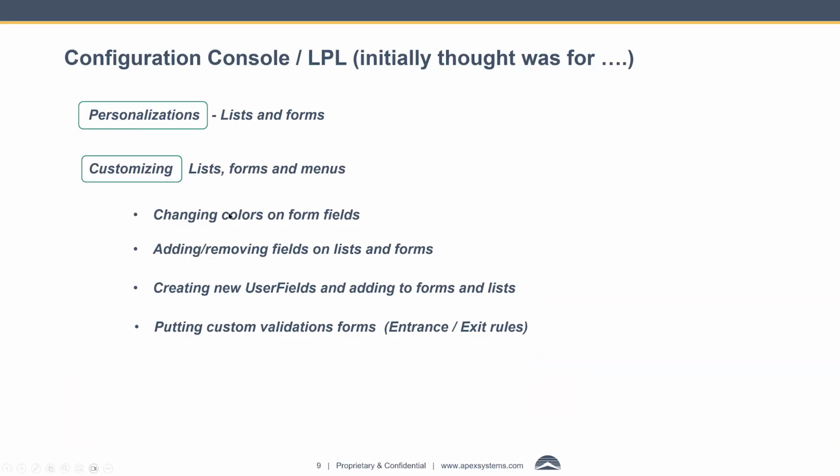You could, for example, change colors on a form in terms of specific fields being highlighted. You could add, remove fields on a list in a form. Maybe you could create some new user fields and add them to the forms in the list. And then other topics they would also provide is to put custom validations on forms with these sort of entrance and exit rules.